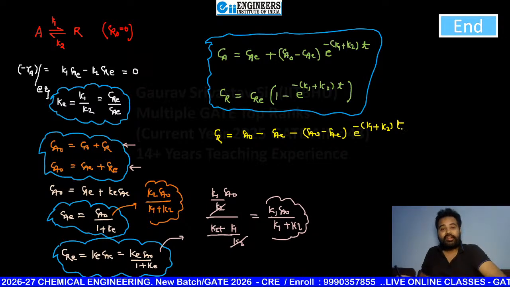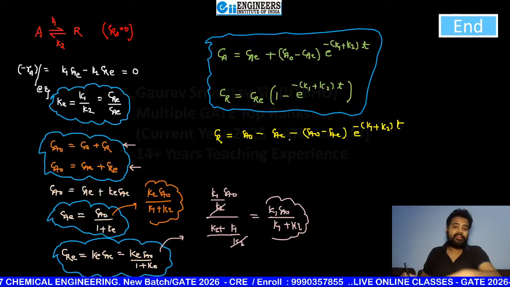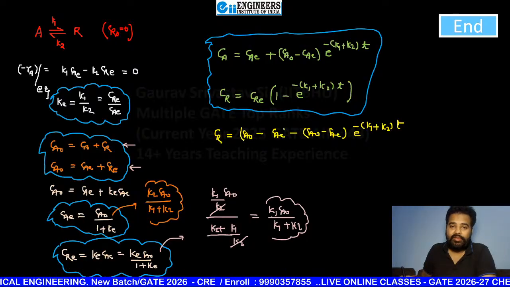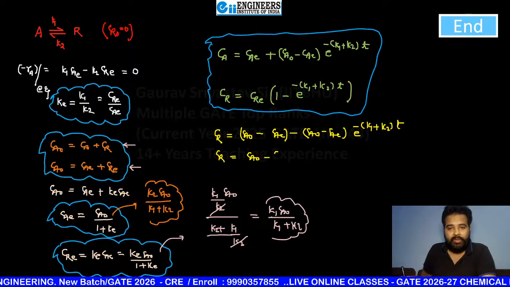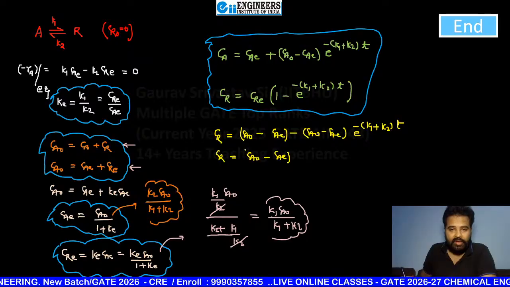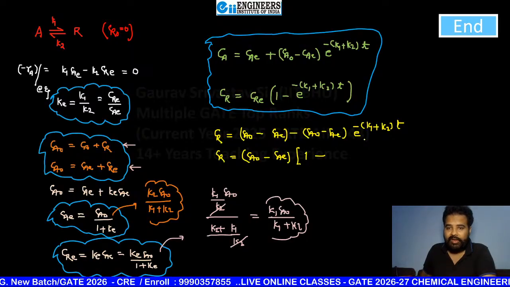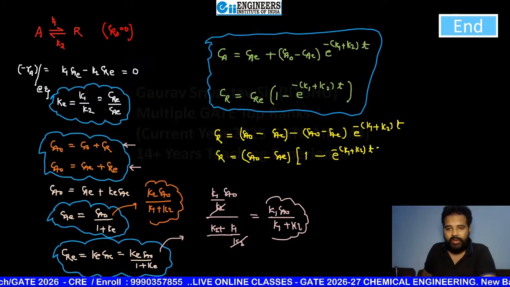Now here clearly you can see, beta, CA naught minus CAE is common. So further you can write CA naught minus CAE, and after taking it common, this term will be just 1, and here it's minus e raised to power minus (k1 plus k2)t.